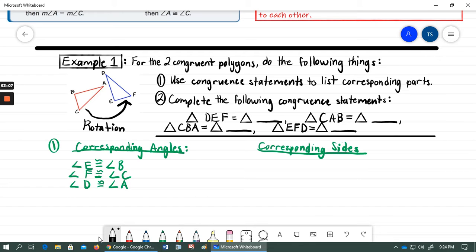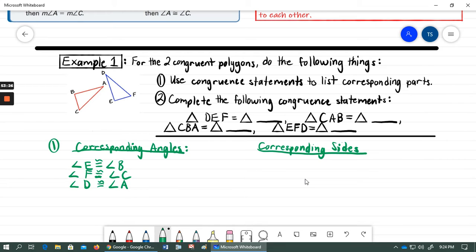But anyway, I'm going to erase what I just wrote there about that whole rotation. But again, folks, just to tie that in.